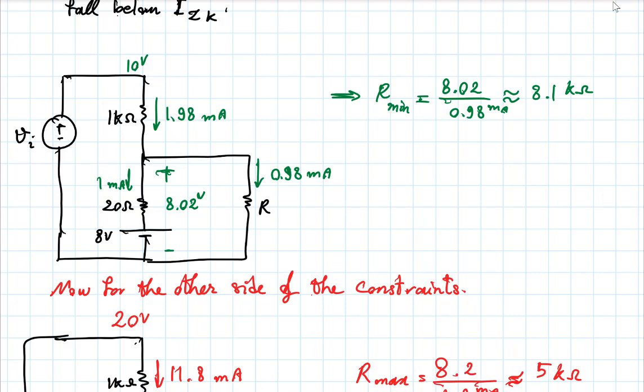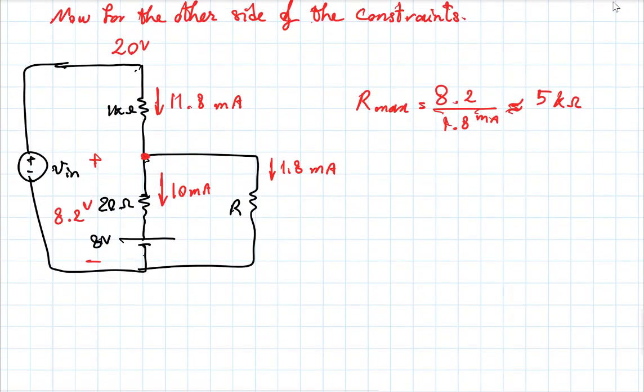Now imagine I keep that 10 kilo ohm resistor, and I have 20 volts at the top. If I have 10 kilo ohms for R, what happens? Well, if I had approximately 8.2 volts there, it would give me a current of about 0.8 milliamps, right?